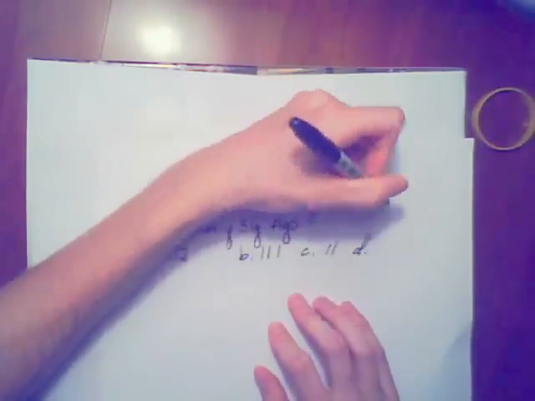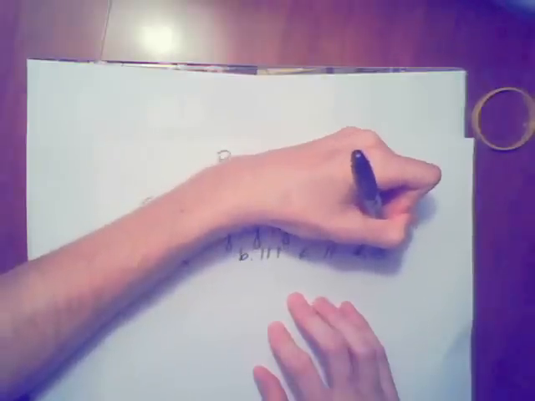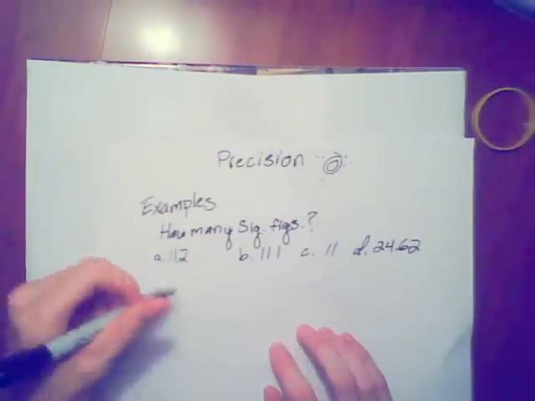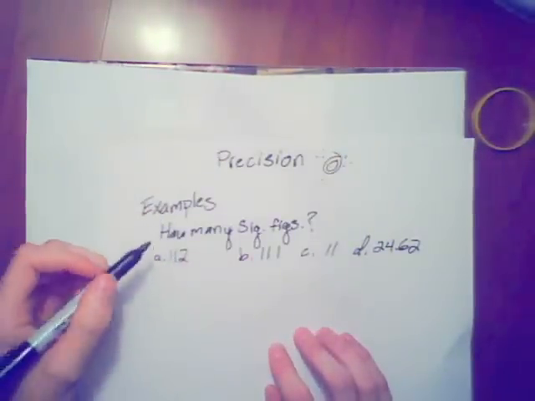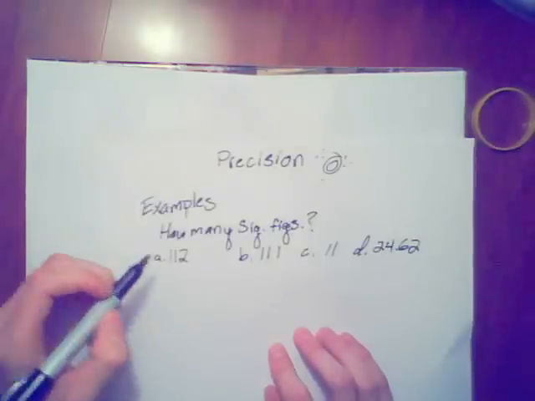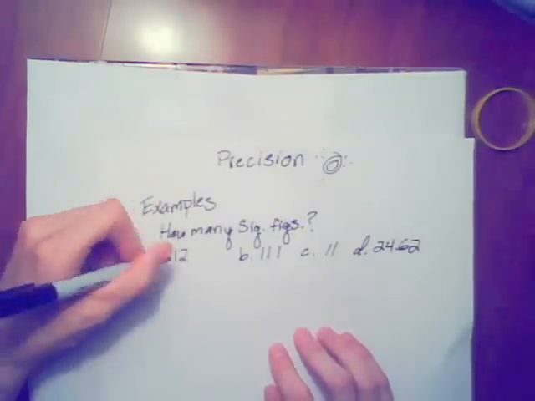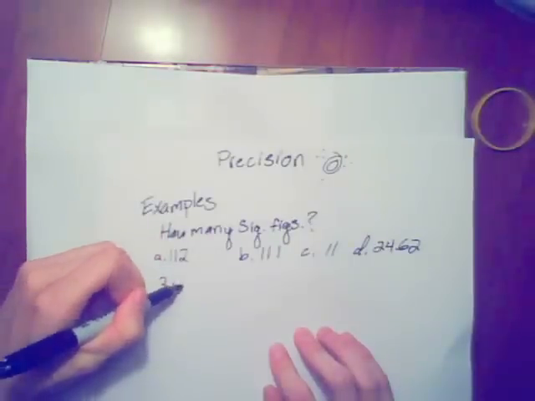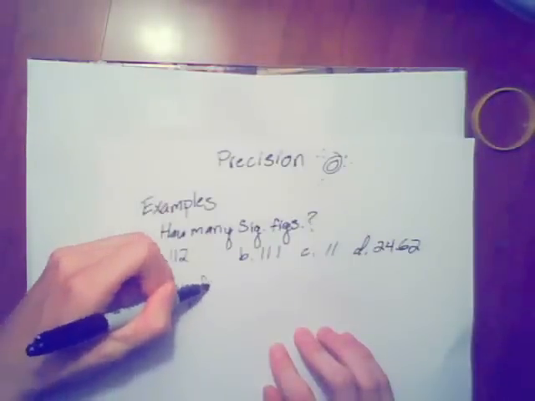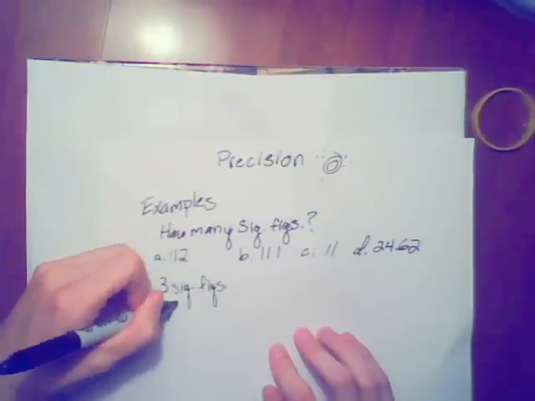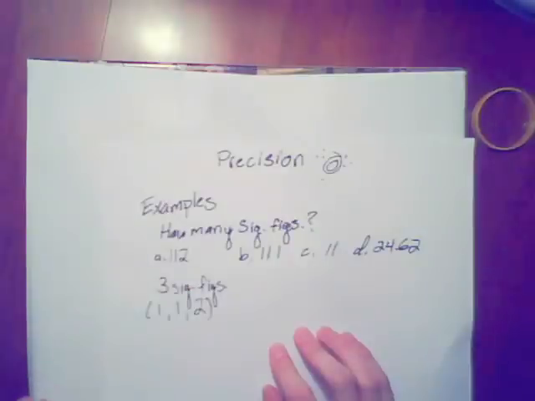Fourth number will be 24.62. Okay, so with each one, what you want to do is, as a general rule, any non-zero number is going to be significant. So right here, we'll see 3 sig figs, and those sig figs will be the numbers 1, 1, and 2.